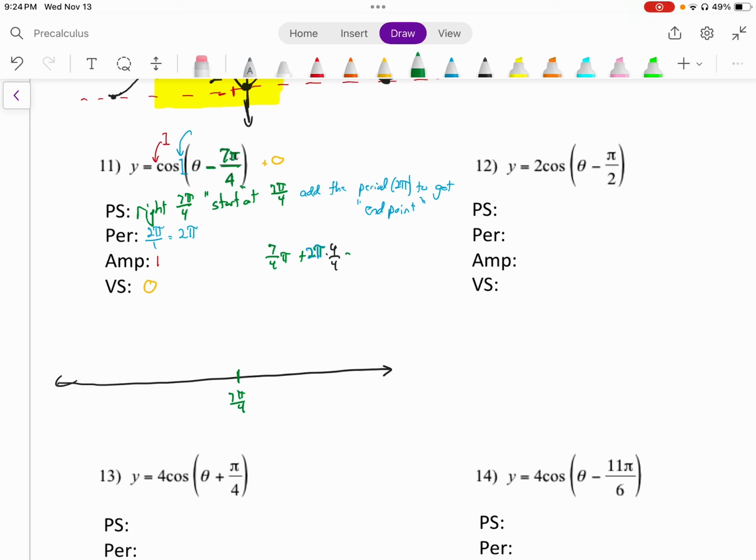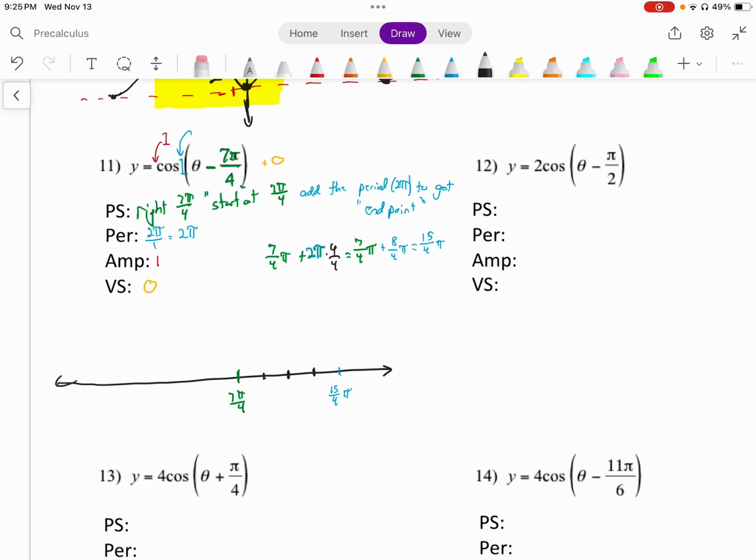So this is 7/4 pi plus 8/4 pi gives us 15/4. So the end point is going to be 15/4. We will split that into 4 equal parts. What's halfway between 7 and 15?